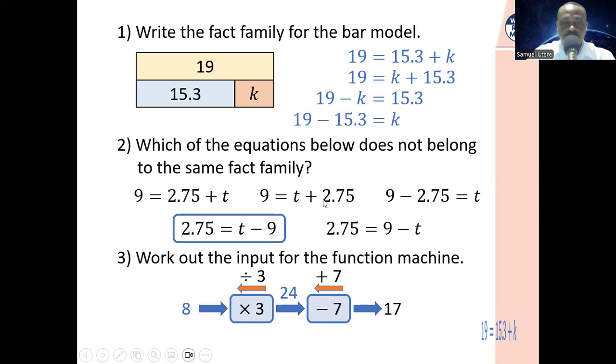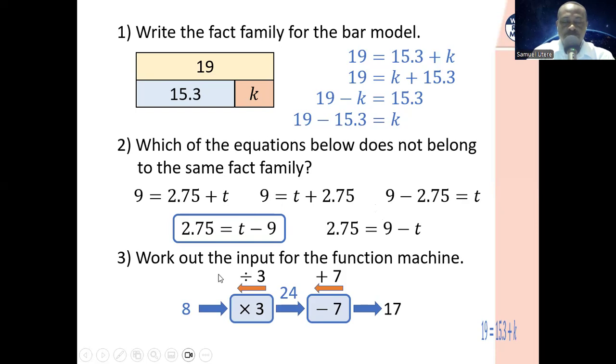And then if you think about fact family, we can also write 9 minus 2.75 equals t. And then we can rewrite the other way. If we take the slice off of t, 9 minus t is equal to 2.75. So this one is the odd one out.